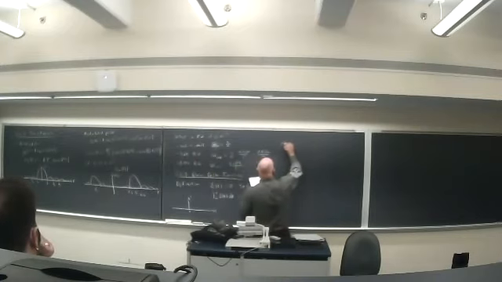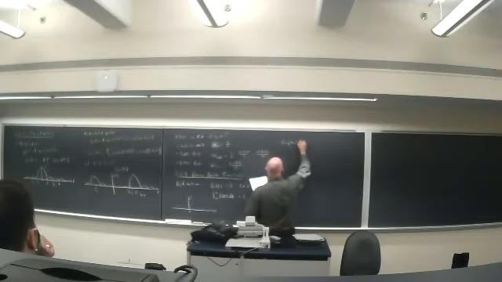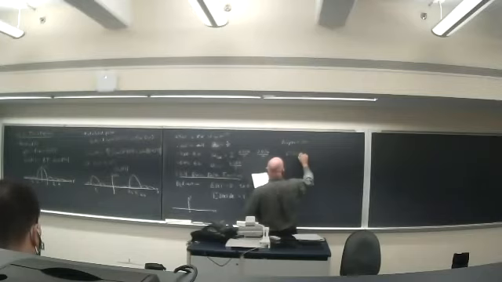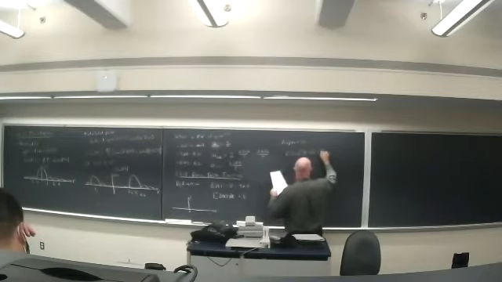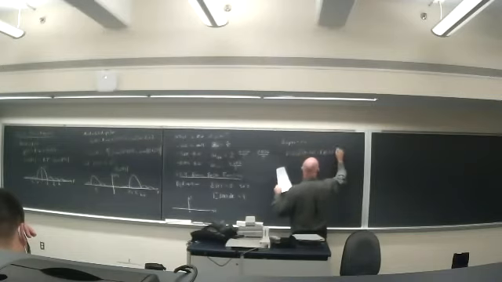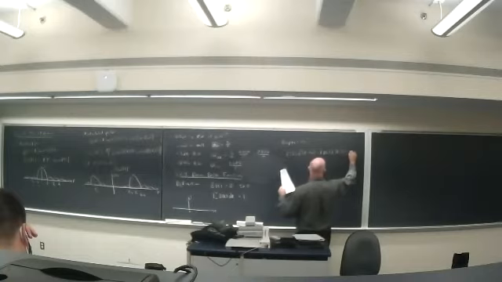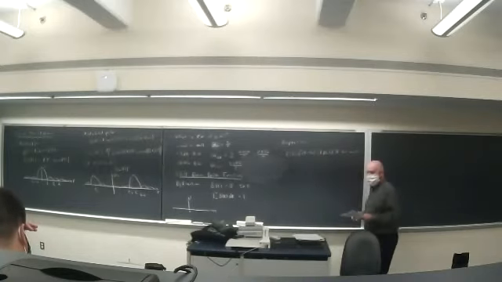A couple of properties you can derive from the definition. f of t times delta t minus t0 is equal to f of t0 times delta t minus t0. This is called the multiplication property. For some reason, this is so confusing to students.